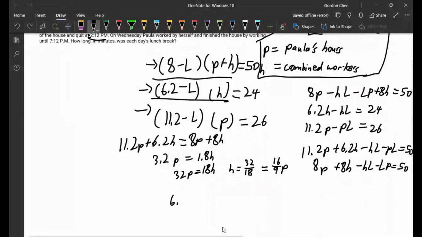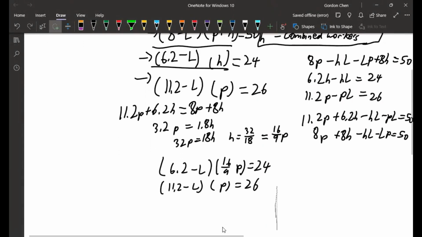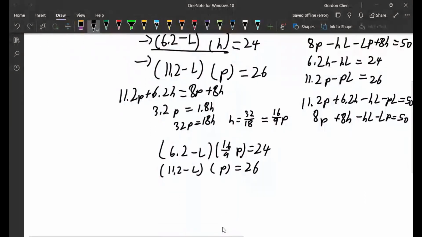Okay, and then because we have H in terms of P, we substitute that into here. So we have 6.2 minus L times 16 over 9P equals 24. And then 11.2 minus L times P equals 26. If we subtract this one from this one, we can first expand it out.